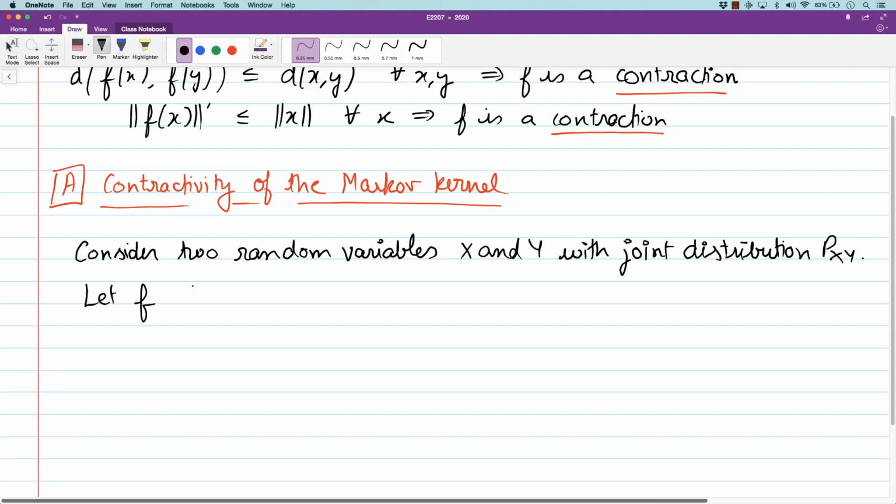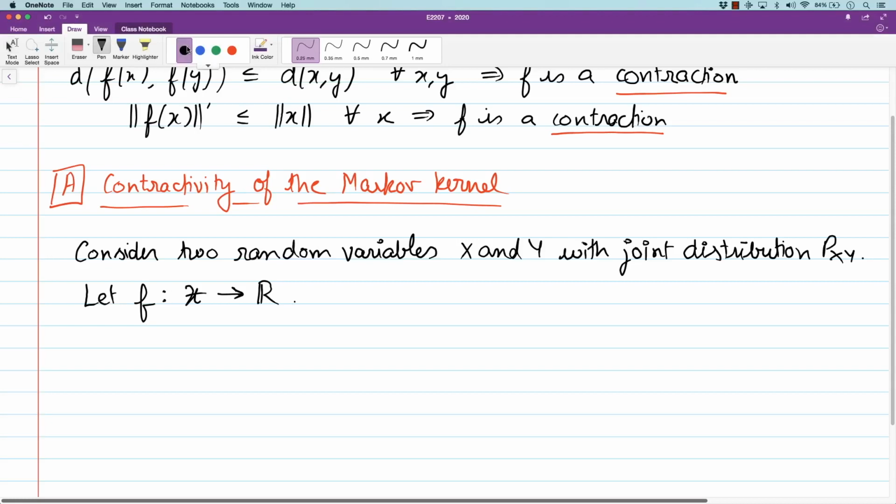Let f be a mapping from the space where X takes values to R. So f is a real valued mapping. Rather than putting constraints on f up front, I'll put these constraints as we move forward when we require them.